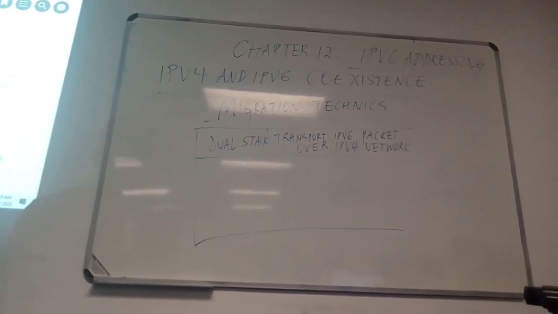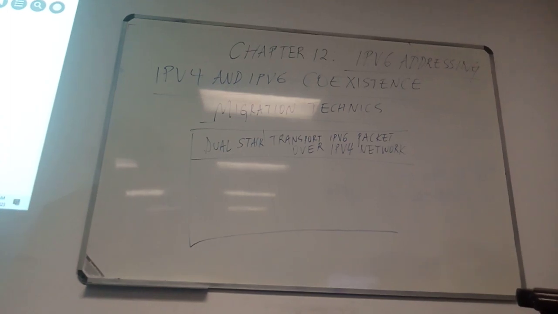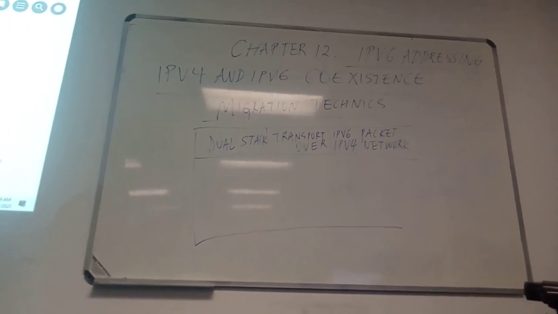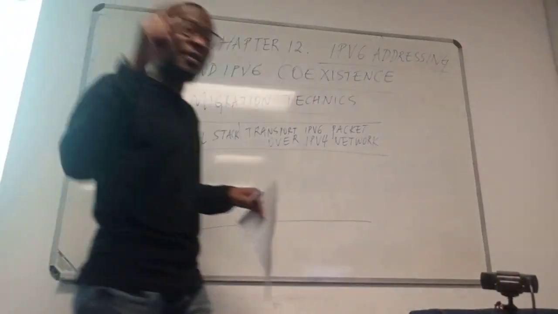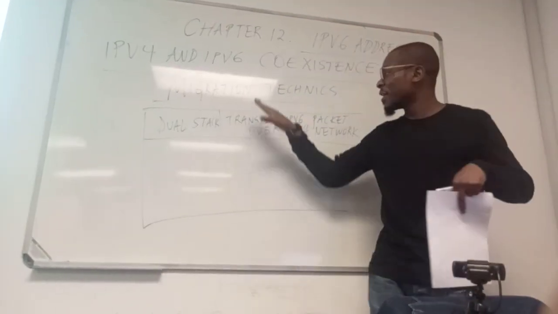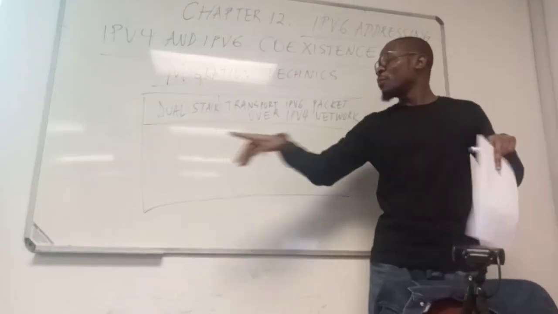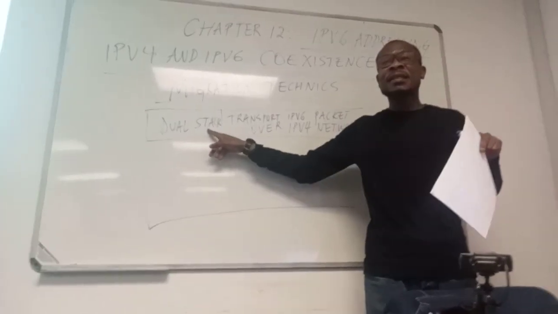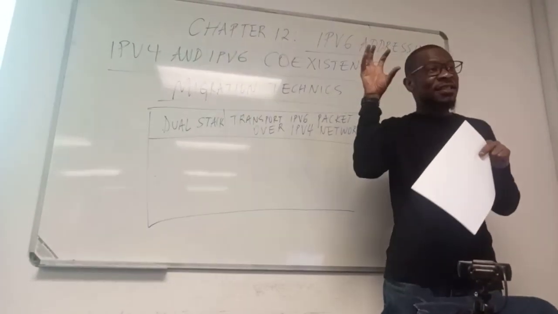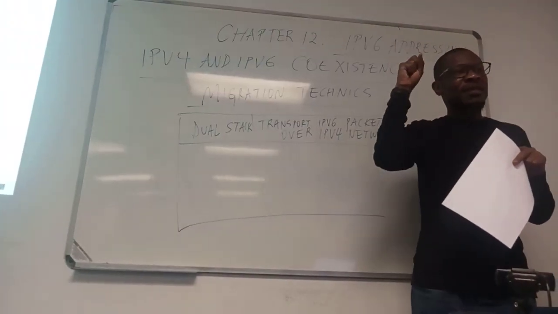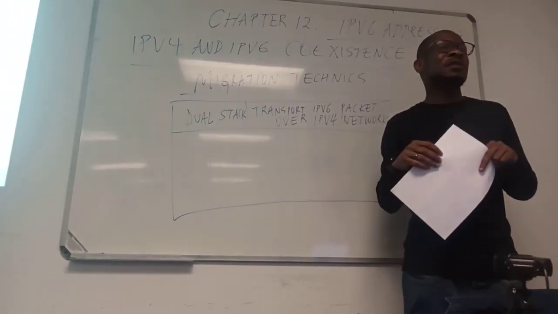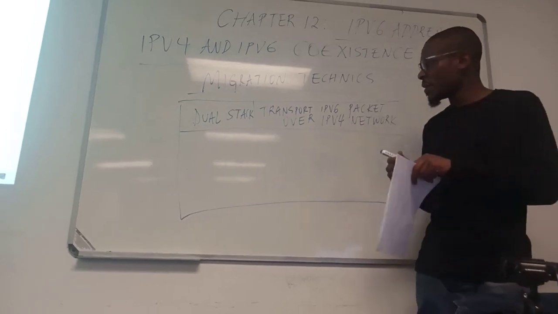So the message will flow, but inside it you are going to have two IPs. They will ask you questions about these migration techniques. So this is the meaning of encapsulation.